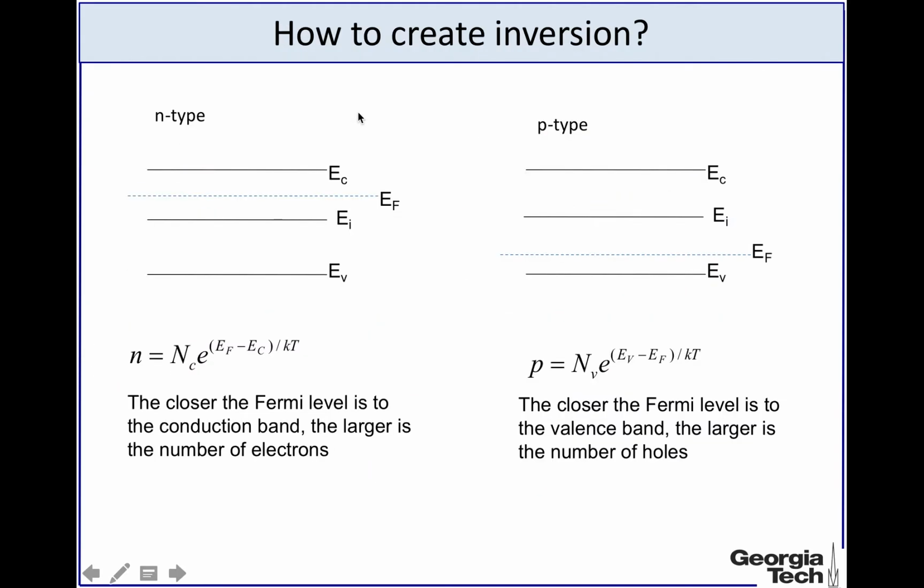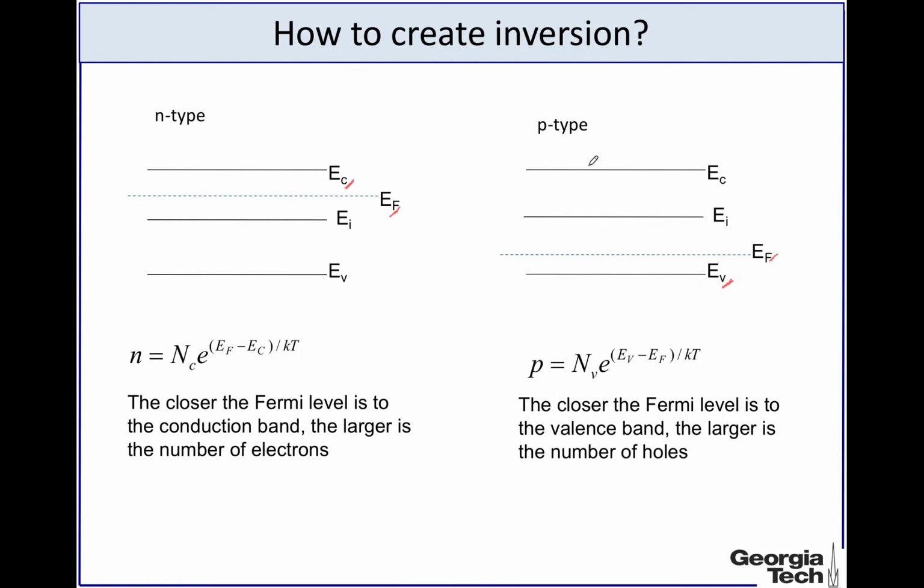Alright, so now let's look at how to create an inversion. How do we create a situation where the electron density at the interface becomes equal to the hole density in the bulk? As we have seen before, in an n-type semiconductor the Fermi level is closer to EC, and in a p-type semiconductor the Fermi level is closer to the valence band.